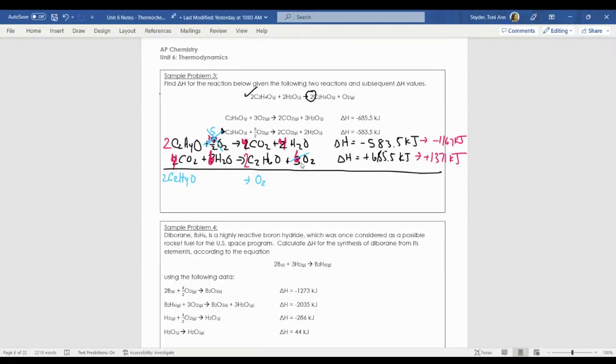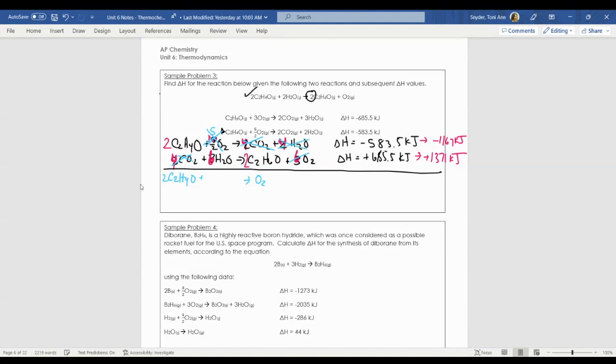There's 1 left over. Let's go ahead and look at CO2s. I have 4 CO2s on my reactant side, and I have 4 CO2s here. So they cancel out completely. Let's look at waters. I have 6 water molecules on my reactant side, but I have 4 in my product side.